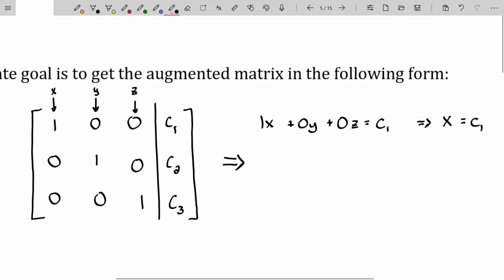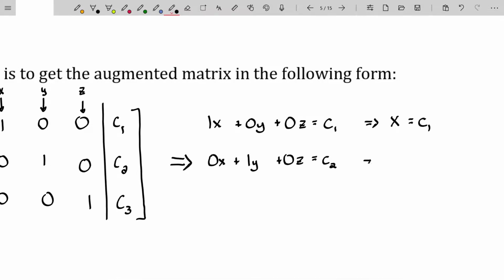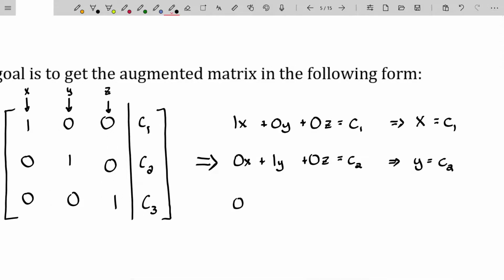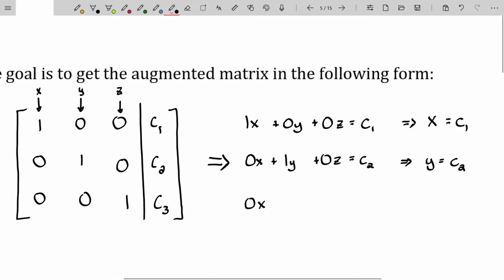And the second row tells us that 0x plus 1y plus 0z is equal to that second constant, and that would imply that y is equal to c sub 2. And obviously this would also mean that 0x plus 0y plus 1z is equal to c sub 3, or in other words, z is equal to c sub 3.